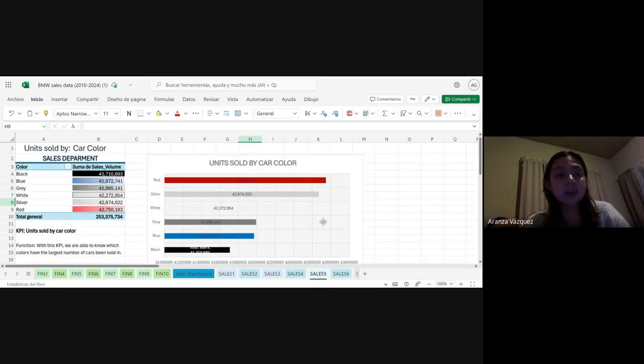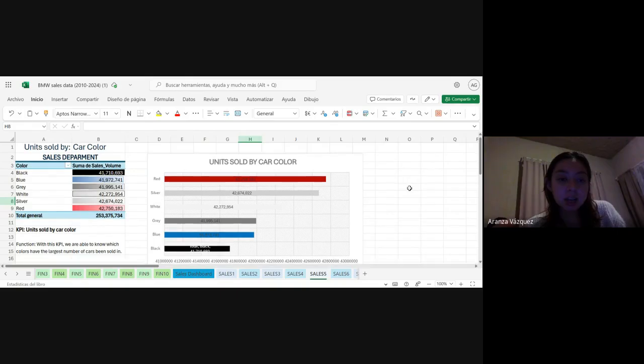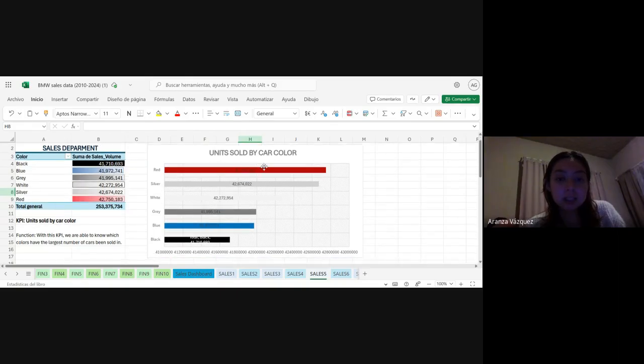Then we have units sold by car color. This is an important KPI because here we are able to take into account for decision making which color to produce. And we see here that the color red is the most sold.